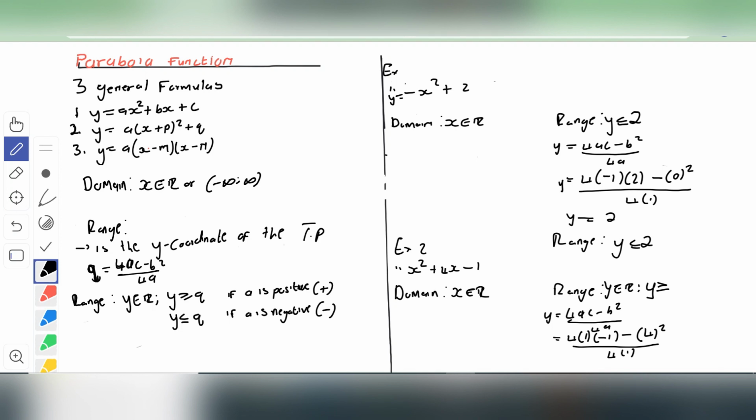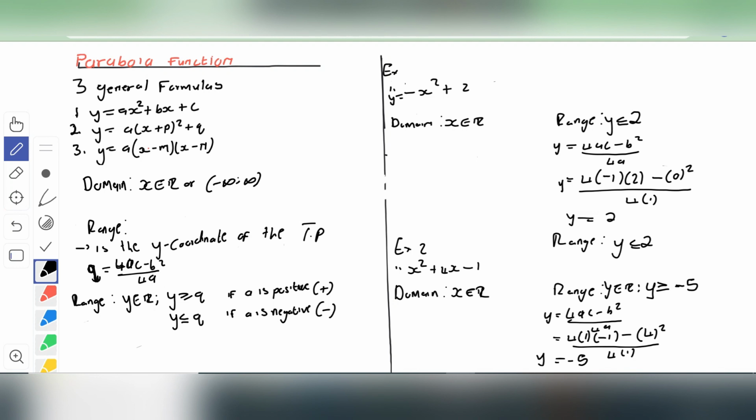If you plug this into your calculator, you're going to find that y is equal to -5. So our range is y is greater than or equal to -5, guys. Then we are done with the domain and range.